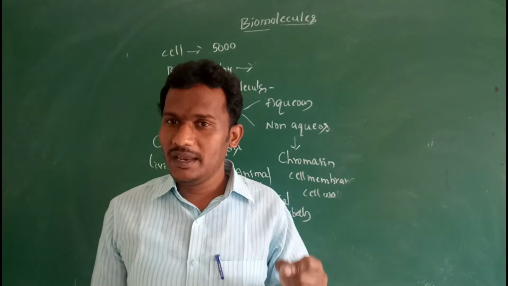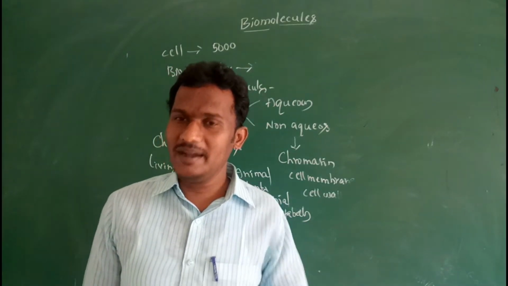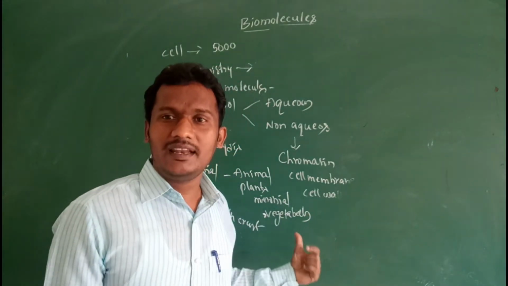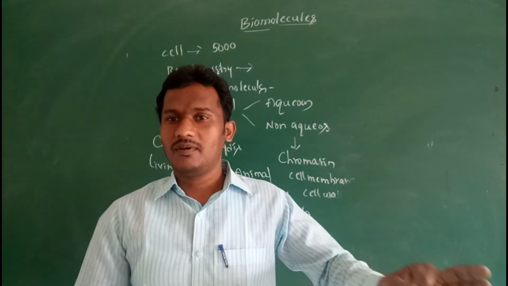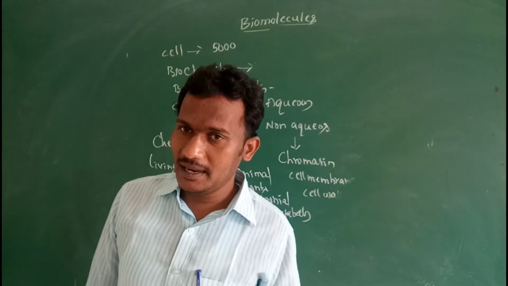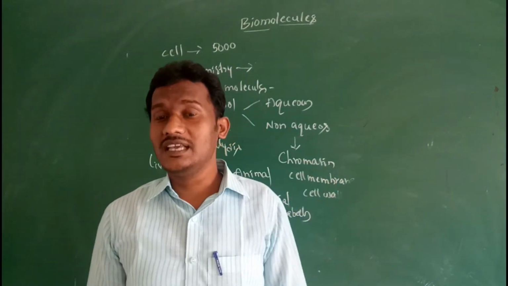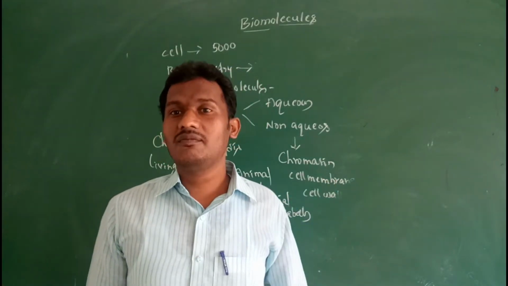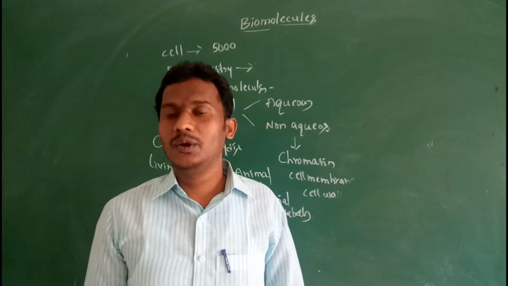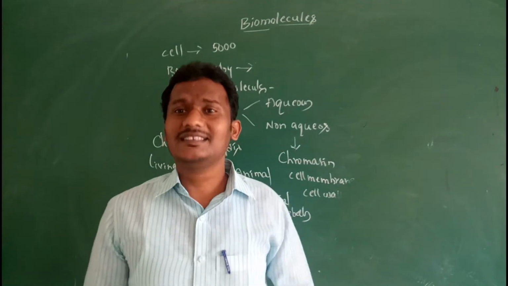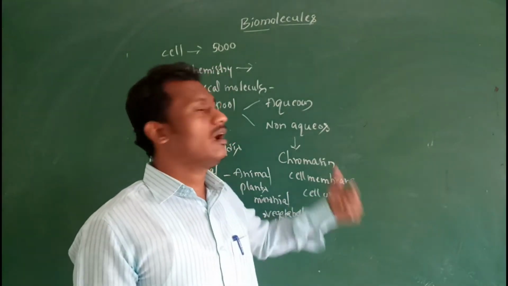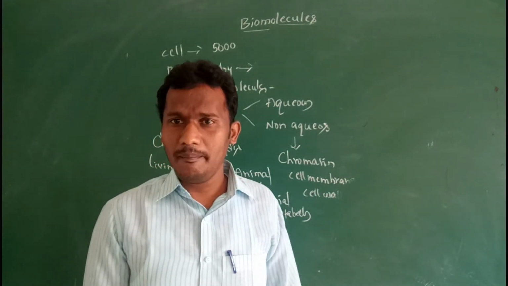So by performing elemental analysis on living and non-living material, we get the same type of elements in both. But the major difference is the relative amount of carbon and hydrogen with respect to other elements, which is greater in living matter compared to non-living matter.